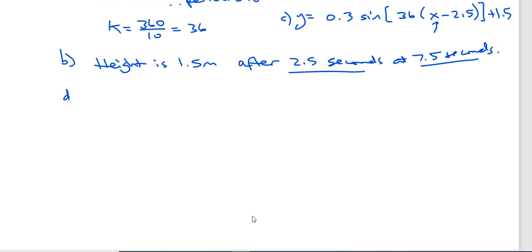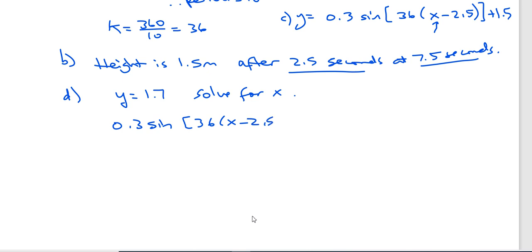So what I'm going to do with question D is set up the equation, make my height equal to 1.7, and then solve for the time. Okay, so 0.3 sine 36 times (x minus 2.5) plus 1.5 equals 1.7. And now I'm going to start isolating the x.